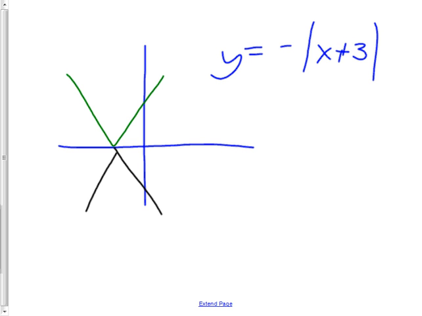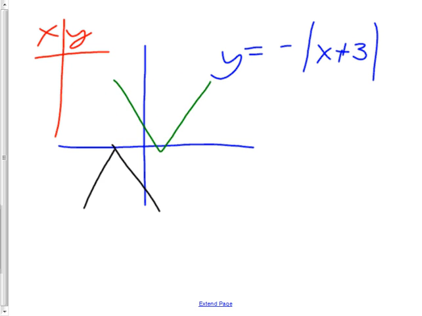Now, do you remember me saying that there's one way to be sure you did it right? XY chart. So everybody right now, make me an XY chart for this one, and I want you to stick in the numbers. Think about this for a second. Would it be logical to stick in X's are like 7, 8, 9, 10? They're way over there. No. What are some logical ones to stick in?